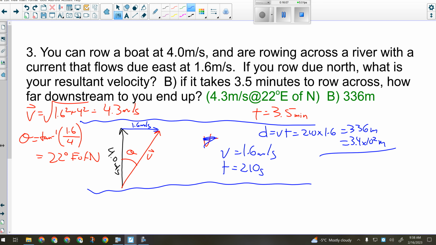Okay? Is everyone all right with that idea? Okay. Boat questions, they seem complex, but they're always perpendicular. Even if I have to row slightly into the current, it pushes me back to straight across. I always get a right angle triangle out of it. Any questions on that? All right.